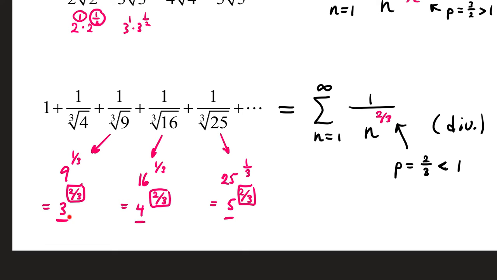Basically, you can see where it's possible to rewrite this as the counting values with a common power of 2/3. So over here, we can translate this series into the sum from 1 to infinity, 1 over n to the 2/3. Well, the power, our p-value, is 2/3. That's less than 1, so this is a divergent p-series.